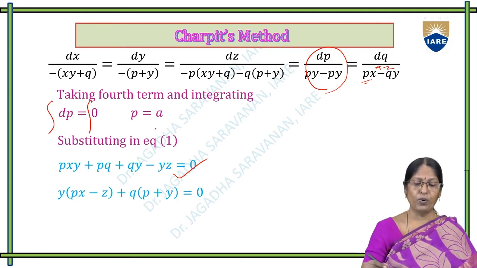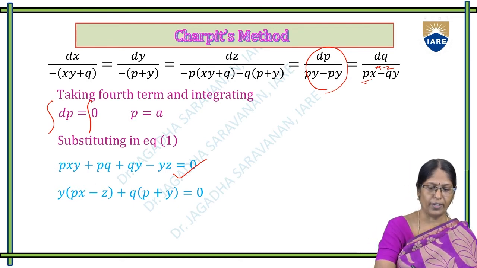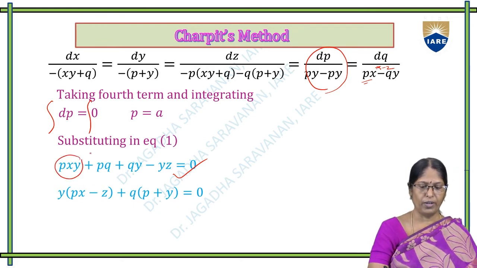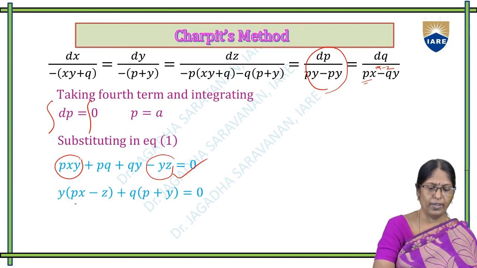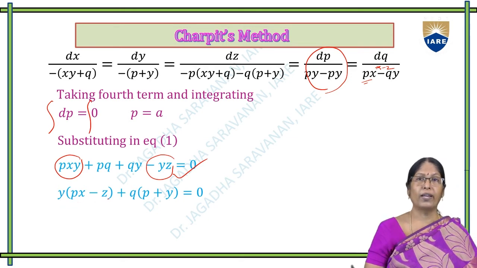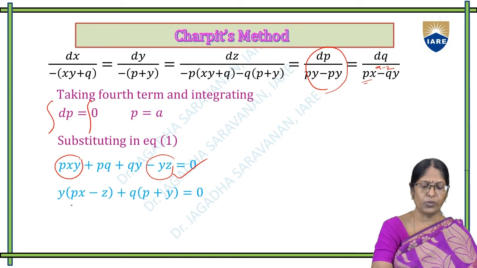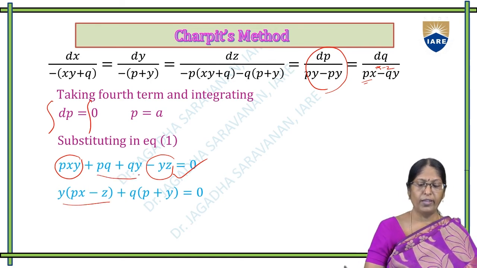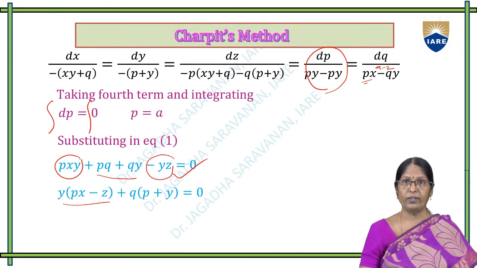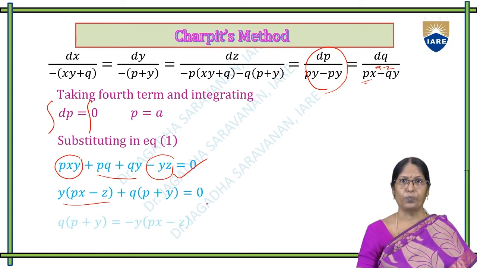Before substituting, some simplifications we are doing, that is what I am circling. In these two, y we are taking as common, then y of px minus z, the circled terms are becoming. Leftover is here, in these two, what I underlined, q is common, so q of p plus y, which is equal to 0.